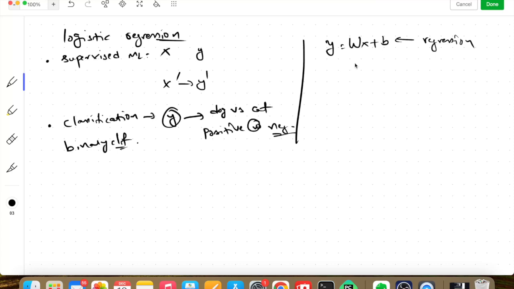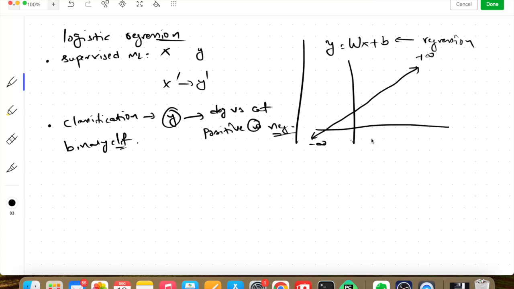So in linear regression, what we are trying to predict is this target y given some x, and for a given x the y is a continuous variable and it can vary from plus infinity to minus infinity.